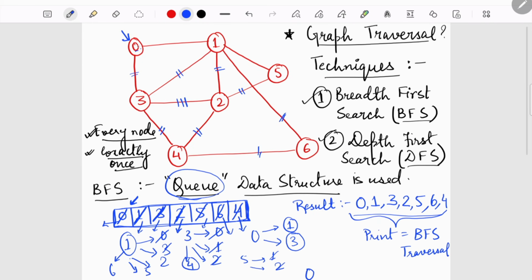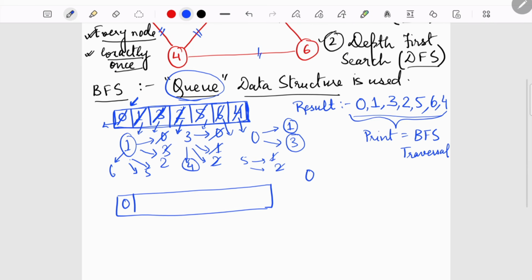Nodes adjacent to 0 are 1 and 3. So in this particular queue, you must have noticed that I inserted 1 and then I inserted 3. But see, this ordering is not fixed here. You can definitely insert 3 and then 1.